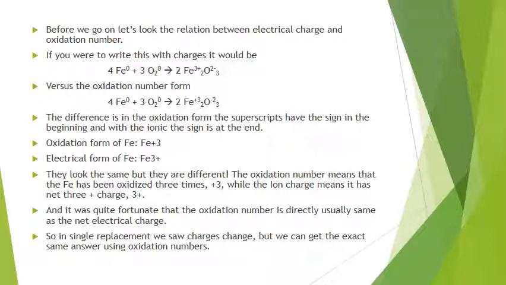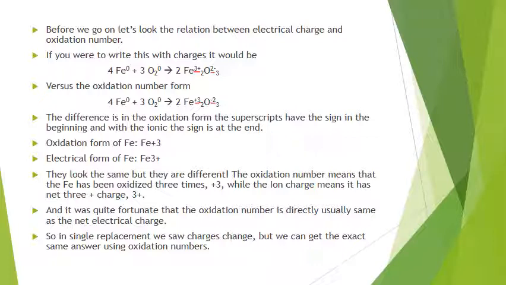Before we go, there's a relationship between electrical charge and oxidation numbers that we have to be careful about. If we were to write this with charges, it'd be Fe 0, O2 0, Fe 3 plus. So this is iron 3 plus and oxygen 2 minus. Now the oxidation form has +3 and -2.